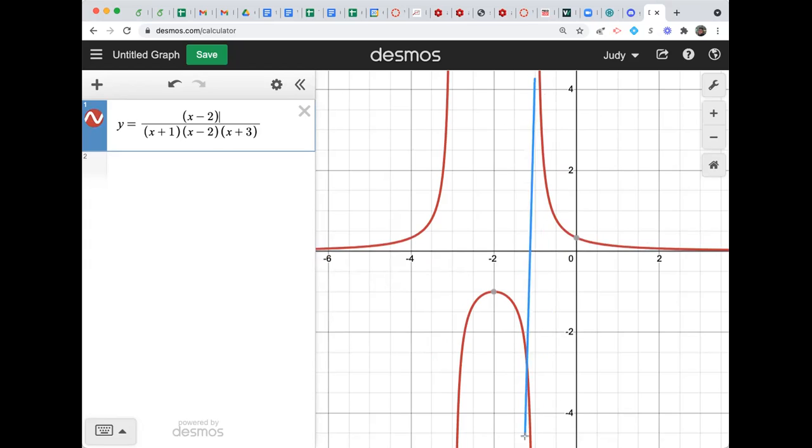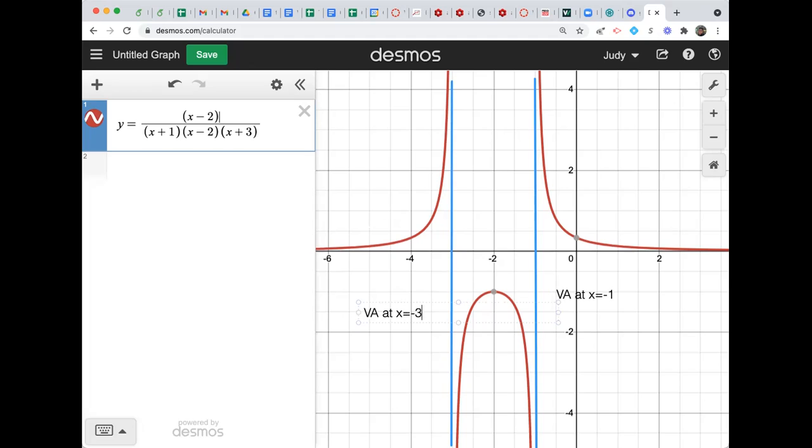I made one vertical asymptote at x equals -1. But as soon as I put the x plus 3 only on the bottom, I made another vertical asymptote at x equals -3.